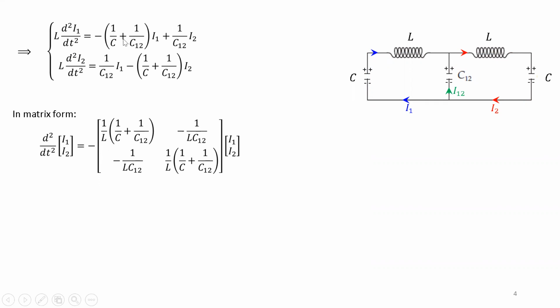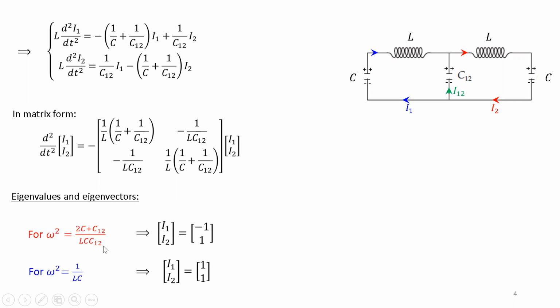And if you now make it in the matrix form, something like this, then you can follow the same mathematical procedure and find the eigenvalues and eigenvectors. Okay, so like this. Now again, how do we try to have some picture of the two normal modes?